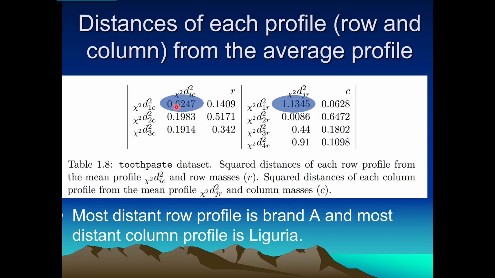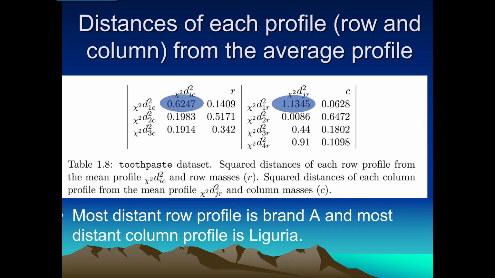For example, these are the distances for each row profile with respect to the centroid. You see D1, 2, 3, the distance of each row with respect to C, the centroid of row profiles, the vector of column masses. And so you can see that row 1 is the one which has the largest distance. Similarly, the same thing for the columns.